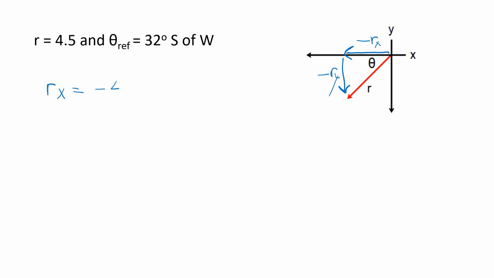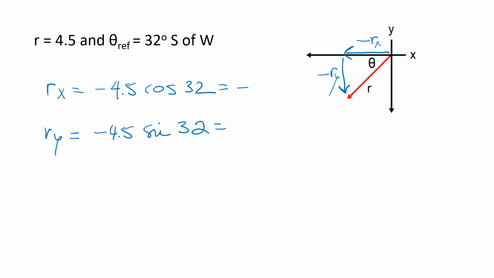So it's going to be negative 4.5 cosine 32, Ry will be negative 4.5 sine 32, and I'm going to get negative 3.82, and here I'm going to get negative 2.38. All right, those are the components of this vector.